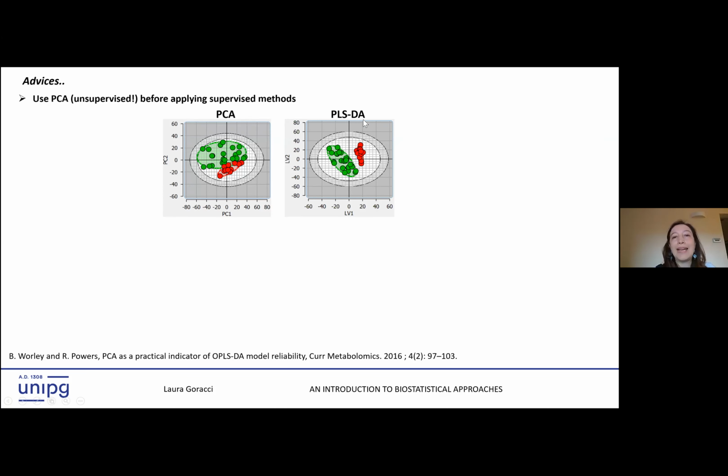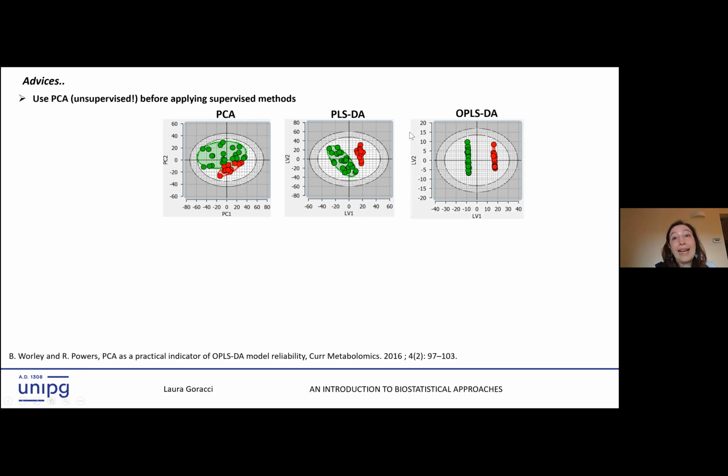I can apply PLS-DA to help me in the interpretation, and I can also apply OPLS-DA. I didn't go through that, but it is a way to make this separation more evident to help the interpretation in an orthogonal fashion. And here it's very simple: all the variables that are on the right are higher in the red and vice versa, right?